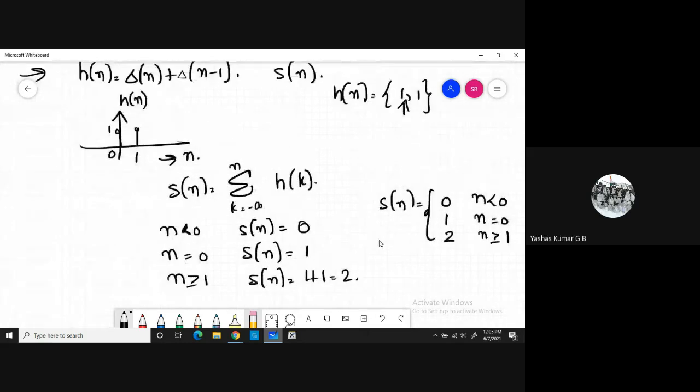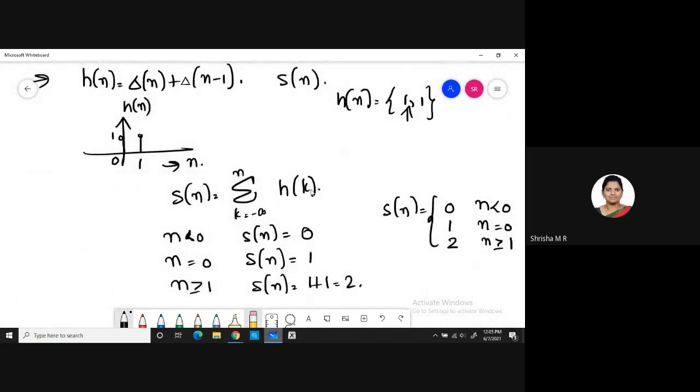So from 0 to 1 you will get 2 here, that's all. What is h of k? It is 2. 2 samples you have with amplitude 1, so it is 2. It's the same, both. Just you have taken one extra case for n less than 0 and n is equal to 0. So if n is greater than or equal to 1, so it will be k is equal to 0 to 1 or minus infinity to 1. So you'll have only 2 samples, right? That's all.